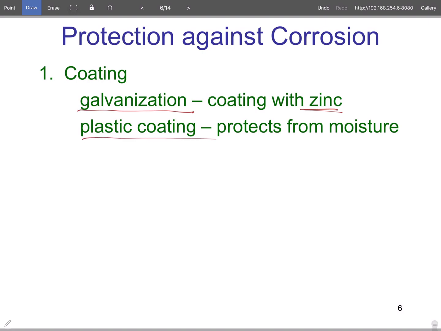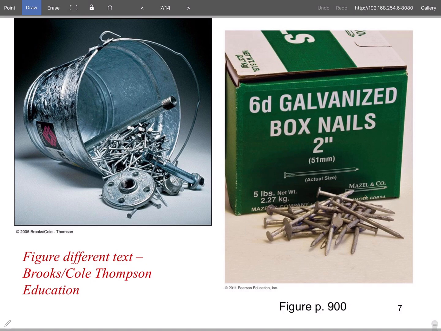The other thing that you can do is just put a plastic coating on it or a coating of paint, Krylon, etc. You spray it on and it coats. As long as it's not scratched or anything like that, it will protect the metal. But the instant it is scratched, it no longer protects. Again, here's the galvanized metal.